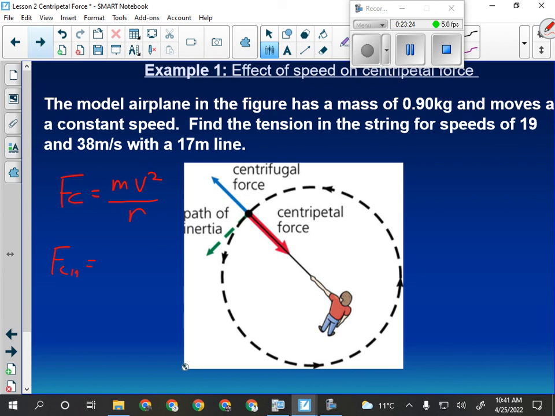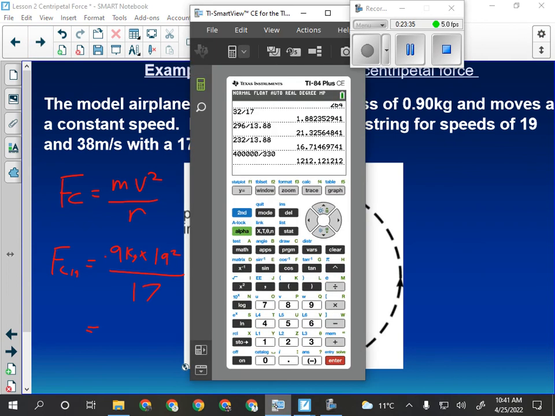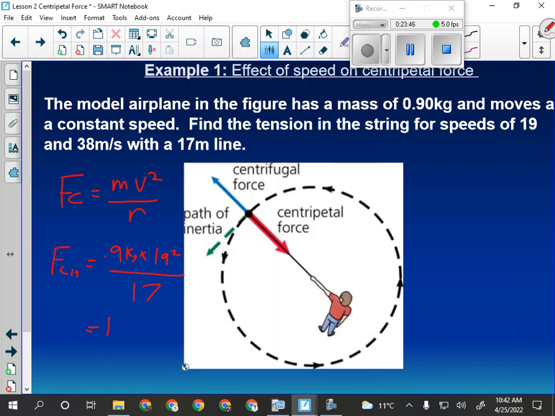Okay, so we'll have 0.9 kilograms times 19 squared divided by 17 meters. So 0.9 times 19 squared divided by 17. All right, so we get 19.11 newtons. Actually, we'll say 19.1 newtons.